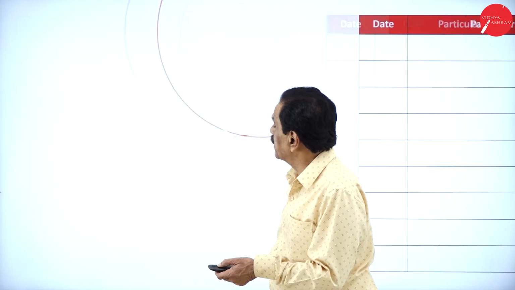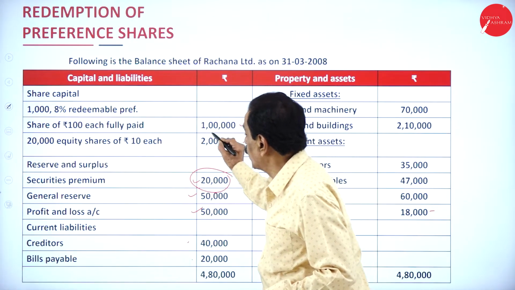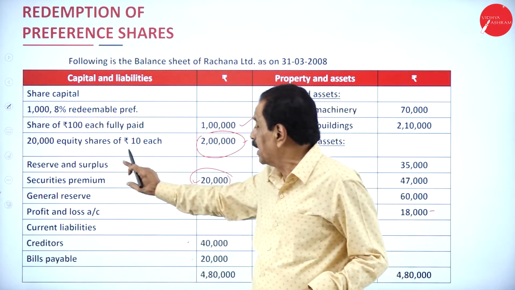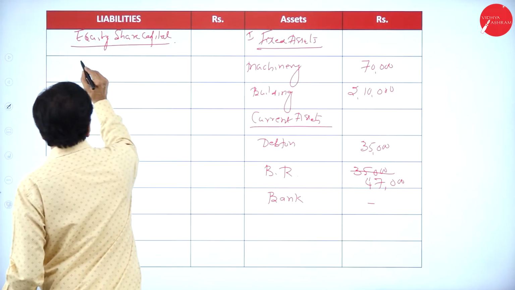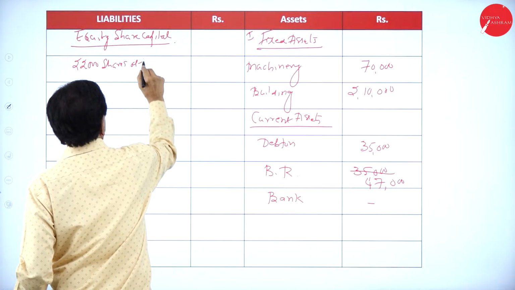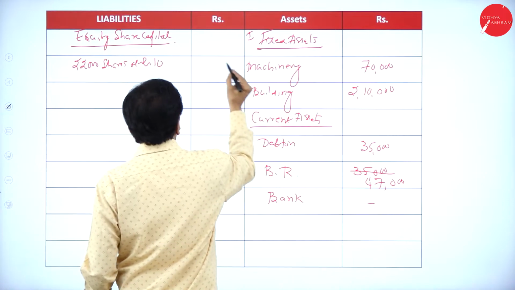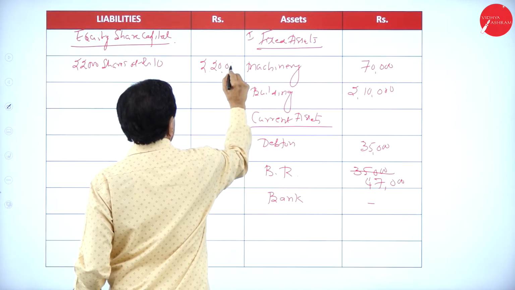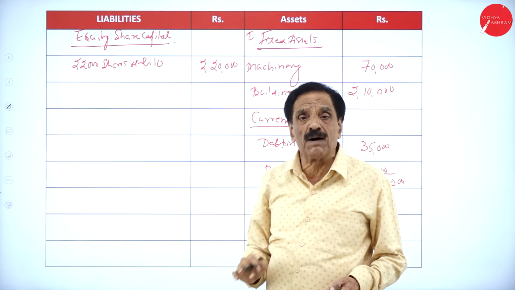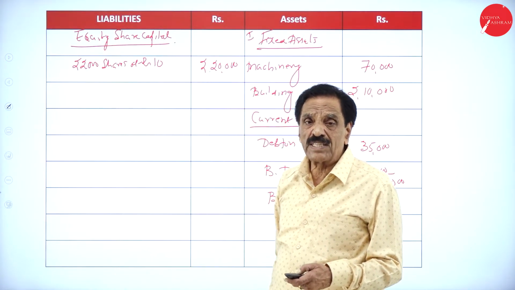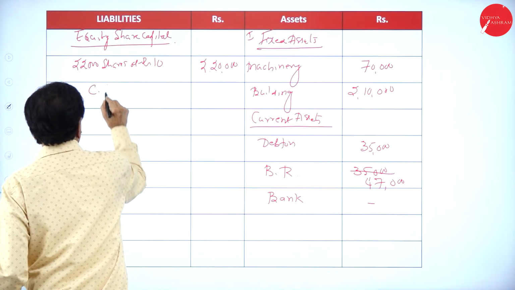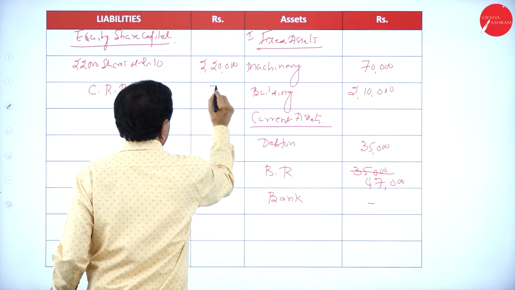You already have 2 lakh in the balance sheet. 20,000 plus 2,000, so 22,000 shares at rupees 10 each, which is 2,20,000. Then, for redemption of preference shares, you create a CRR with the help of general reserve and profit and loss account to the extent of 70,000.